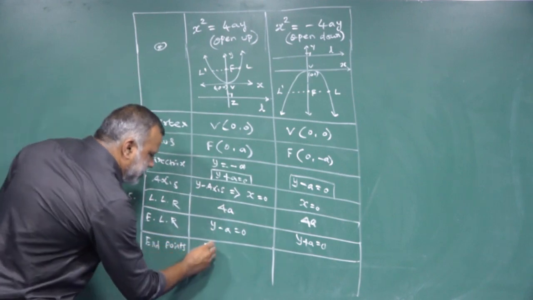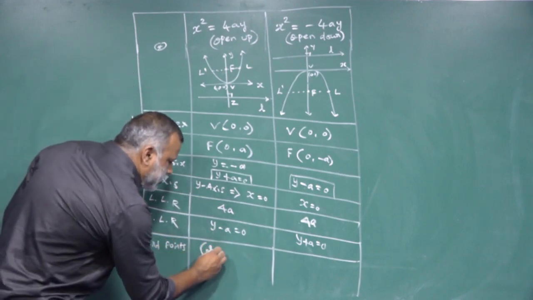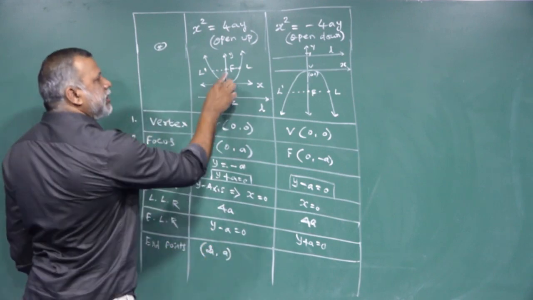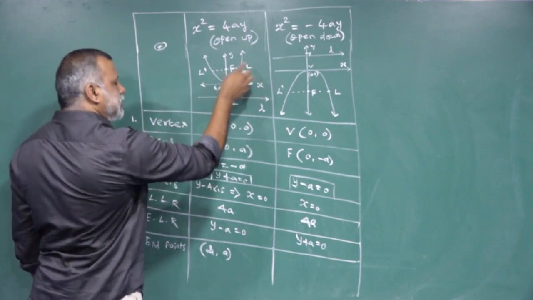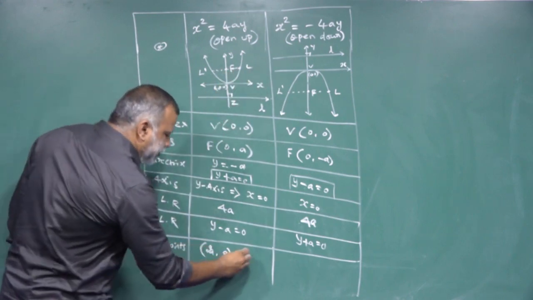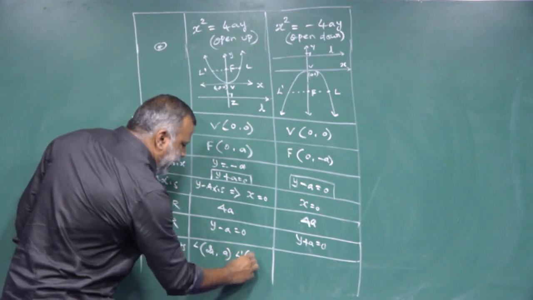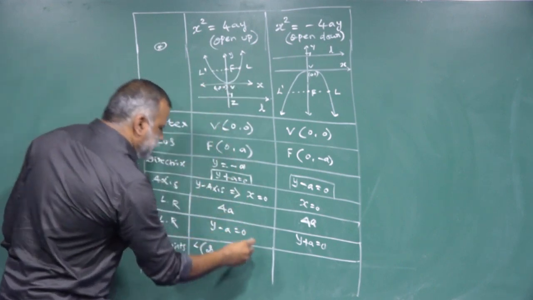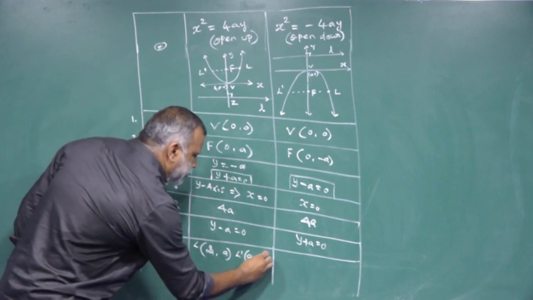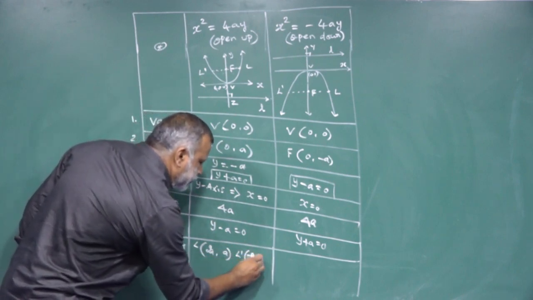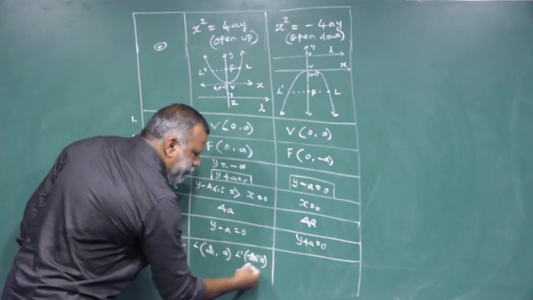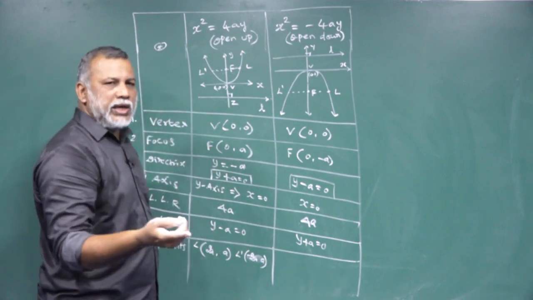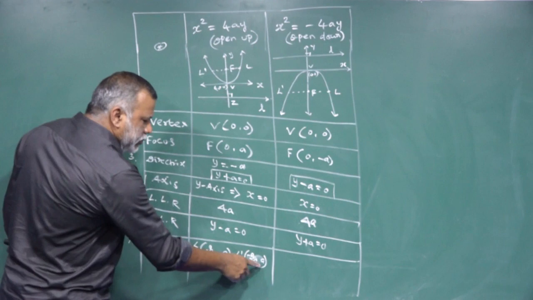Just change it only. (a, 2a) changes to (2a, a), because here focus is (0, a). That means (2a, a). This is L. L dash must be on the opposite side, so (-2a, a). Type number 1 here, (a, -2a).